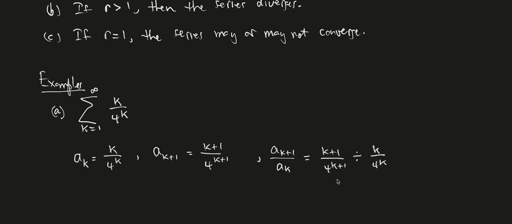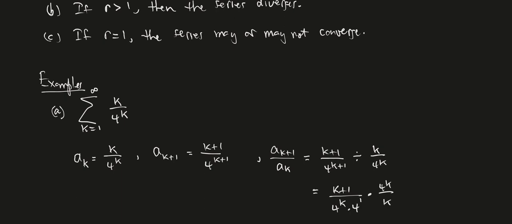Well, let's work with what we know about exponents and fractions. So that numerator can't be factored anymore. This denominator can be factored as 4 to the k times 4 to the 1. I'll put a 1 there just for emphasis. And then I know how to divide by a fraction. I'm going to multiply by its reciprocal. So I'm going to multiply by 4 to the k over k.